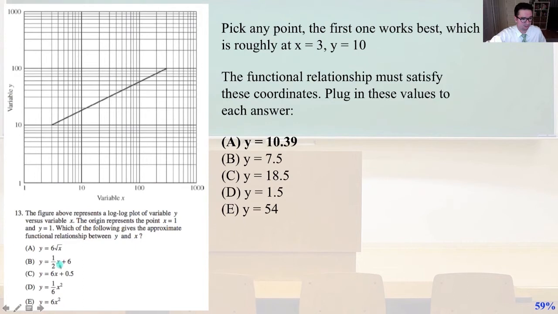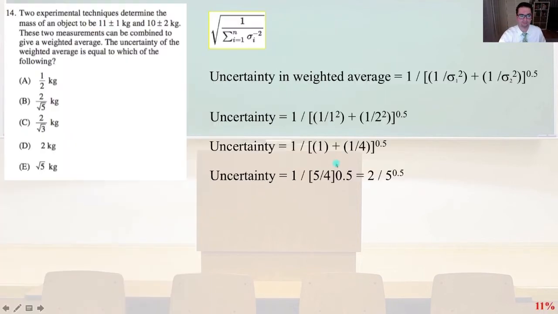X is 3, so that's 1.5 plus 6, so does 10 equal 7.5? No. And you can just keep going down. They're pretty easy to go down and figure out that answer A is your correct answer, the one that gives you y equals about 10.